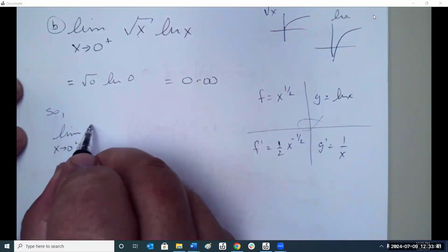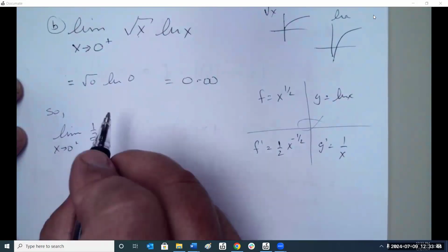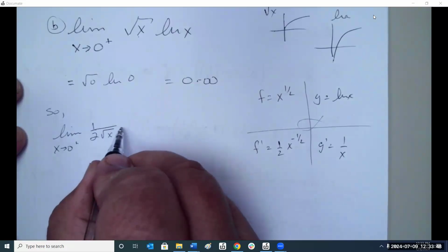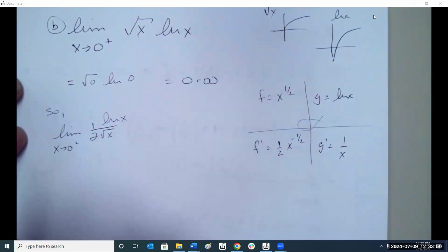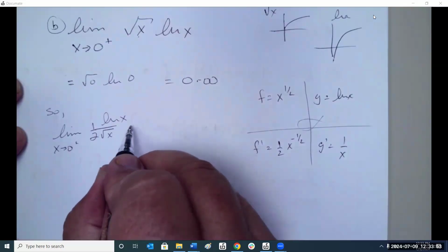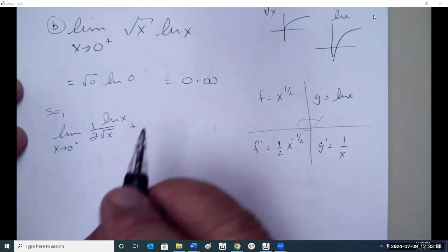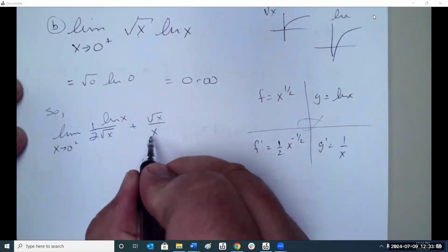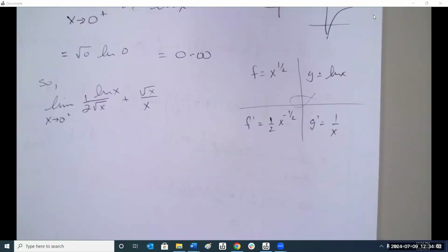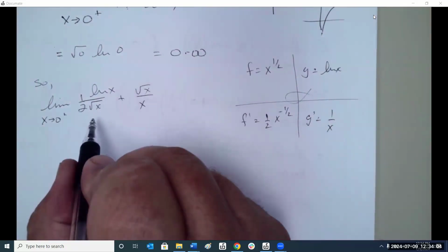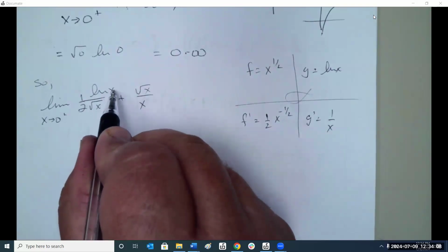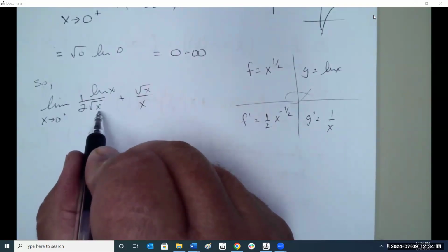Yeah. 1/2 square root of x on top, ln x, plus square root of x over x. Infinity over 0.